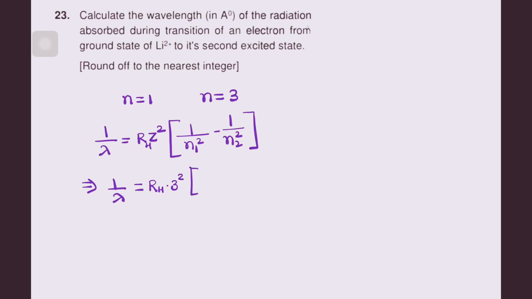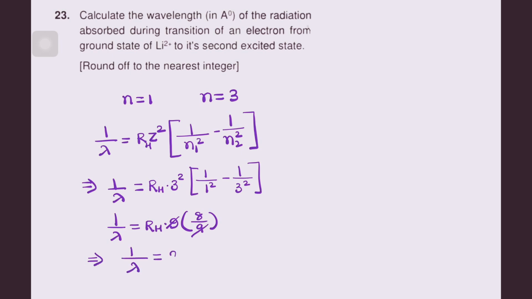Now it is going from first to third orbit, so it will be 1 square minus 1 by 3 square. So it will be R Z square into 9 minus 1 by 9, that is 8 by 9. This 9 will get cancelled out. So it will be 1 upon lambda equal to 8 into RH.